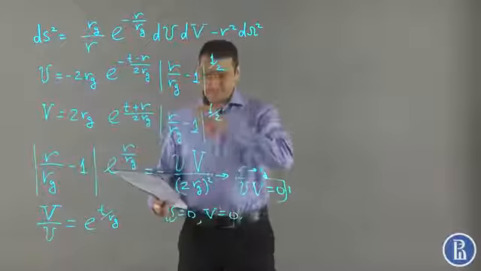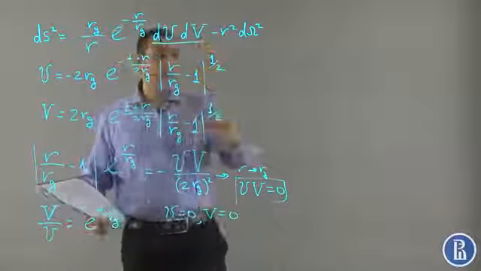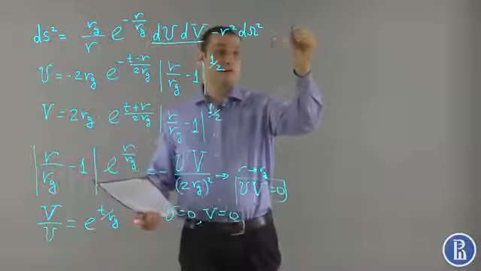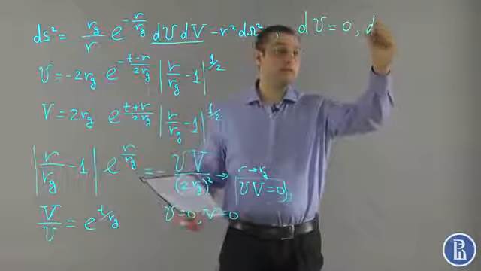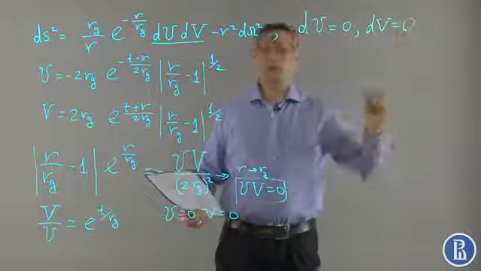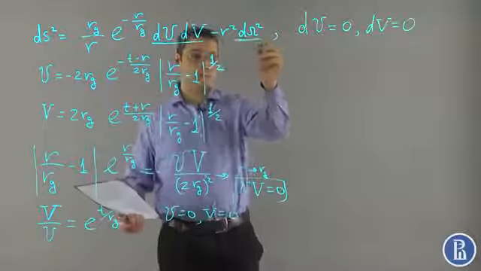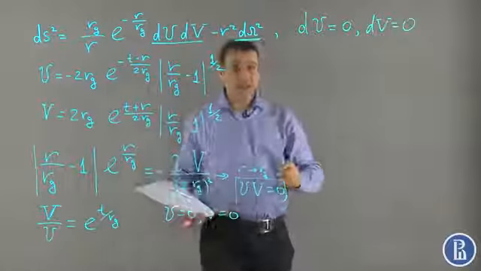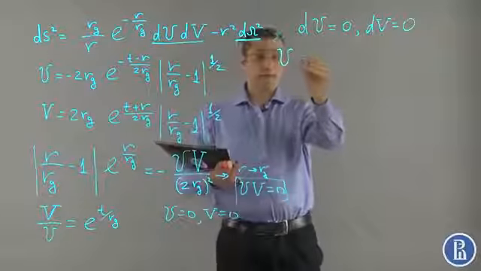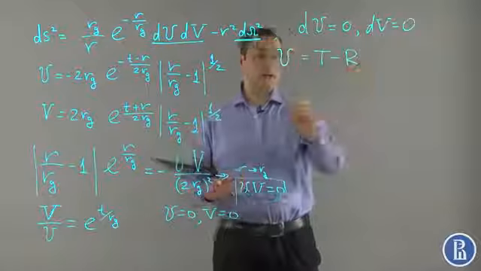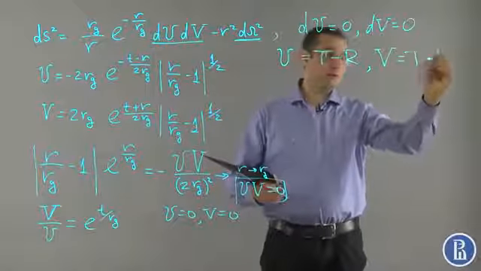So we want to draw the lines. But to do that, let me stress that u and v are light-like coordinates. So the equations du equals 0 and dv equals 0 define light rays, light ray propagation for constant angles. So it is convenient to define these new coordinates, u equals t minus r and v equals t plus r.